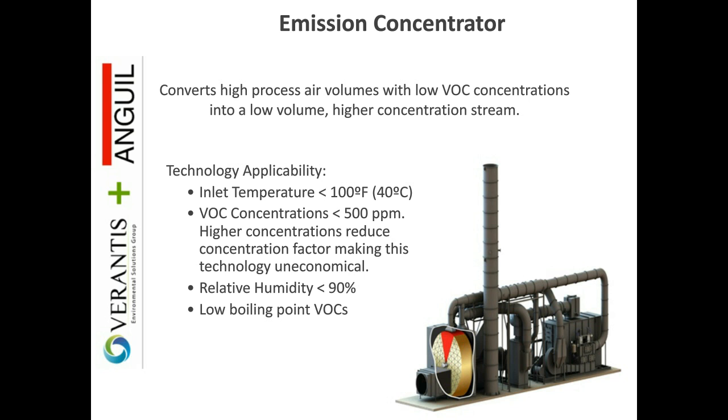So what the concentrator wheel itself does is take a very large air volume, a very dilute stream, and concentrate it down to a smaller volume so that we can send it to a smaller oxidizer using a lot less fuel. Typical air volumes here are as low as maybe 10,000 CFM, but in reality, they're typically in the 50 to 60,000 CFM range on the low end, multiple 100,000 CFM on the high end.